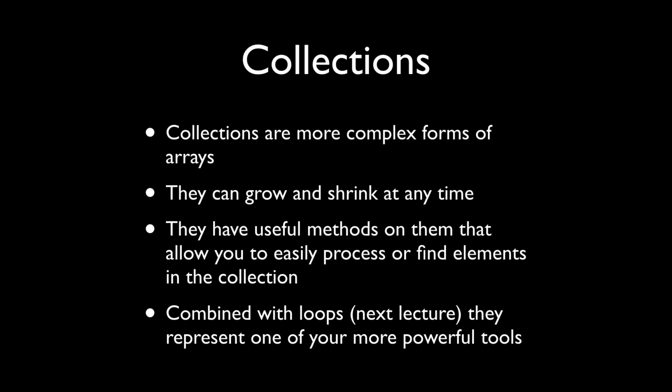Now, of course, anytime you make things more complicated, more robust, more usable, you're also increasing memory footprint. So if you're worried about conserving memory and using the smallest amount of memory possible, then an array of strings is going to be smaller in memory and potentially faster to work with in terms of computational time than a collection of strings.